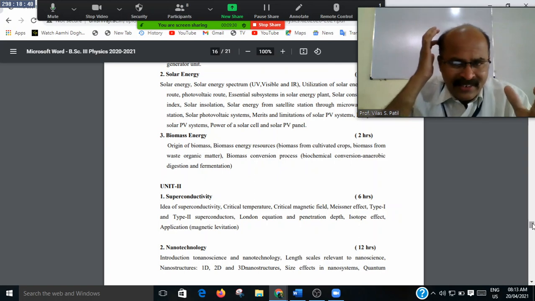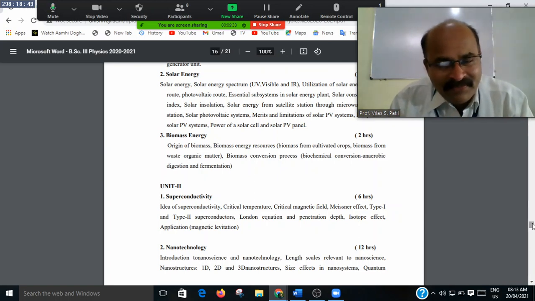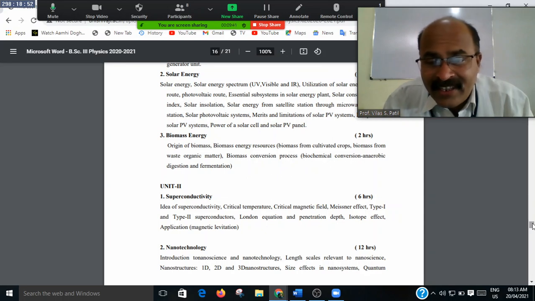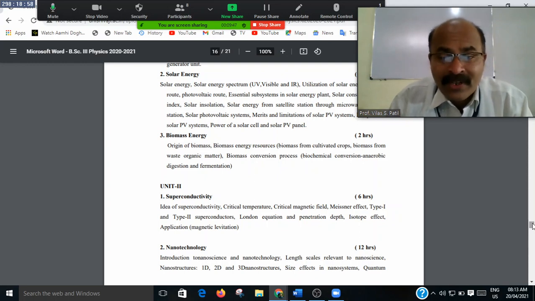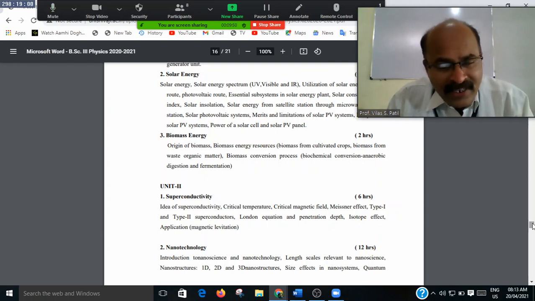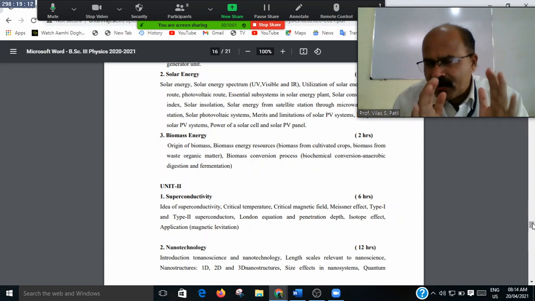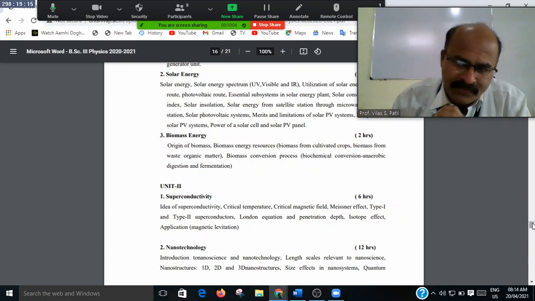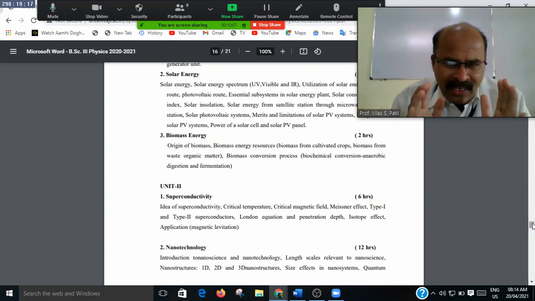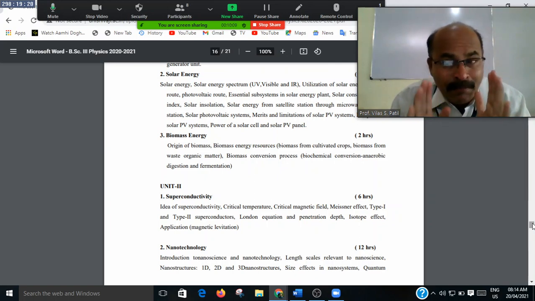Like that, another paper is crystal structure. Here in this topic we are studying crystal structure from the view of research. Both the topics are applied in nature. I say that these are frontier areas of physics, and these topics have a big opportunity for research. They are very interesting and applicable also.